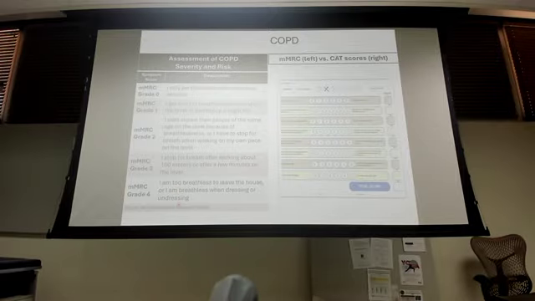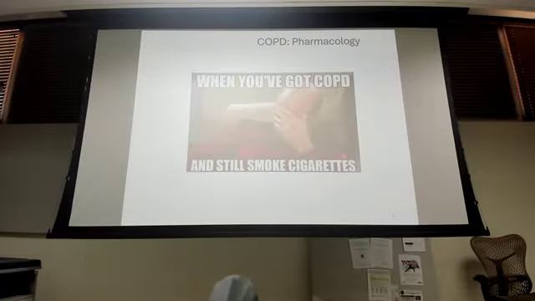And then this is your CAT score, which is a COPD assessment test. And this is, again, just seeing what the severity is, how bad is your patient, as far as being able to get up and move around, do their normal ADLs, like their normal activities throughout the day. So when we look at our meds, there are going to be several different drugs that we have, some of which we have already talked about.